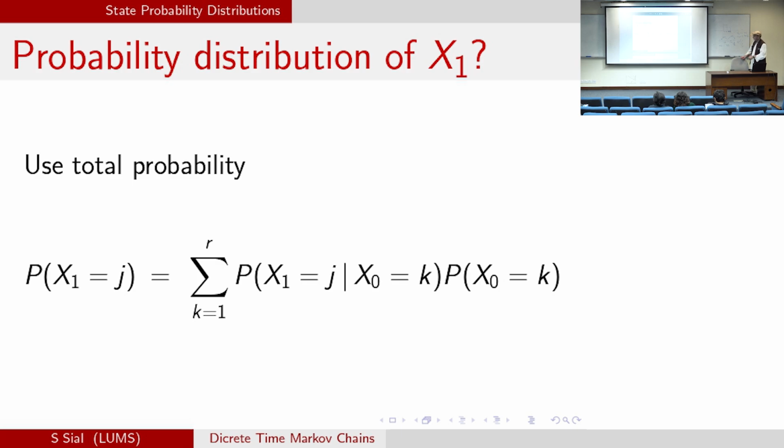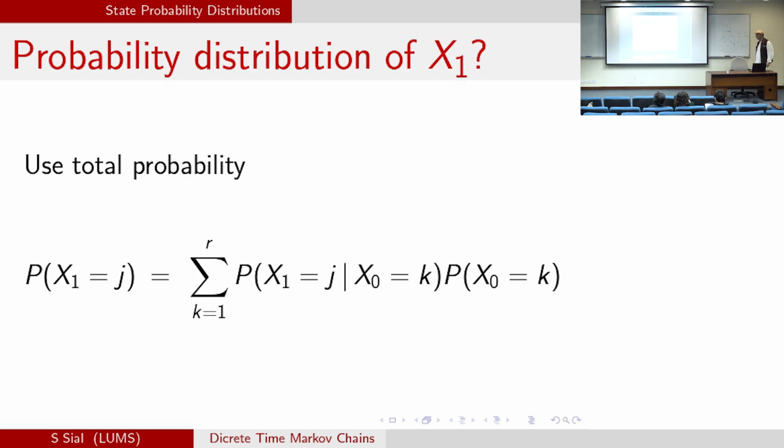These are the pij's that I was talking about. And what are these? This is that pi of 0. These are the entries from pi of 0. And what's this sum? This is that row vector pi of 0 times that matrix P.